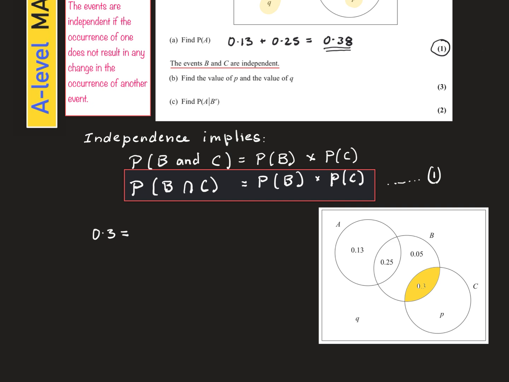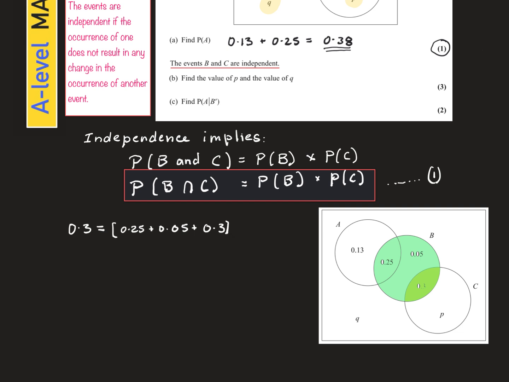The probability of B is these segments in here, including the 0.3. So we will now write down, in brackets, 0.25 plus 0.05 plus 0.3.